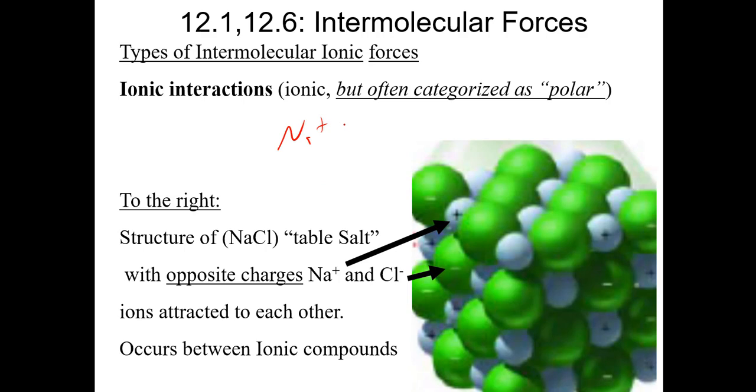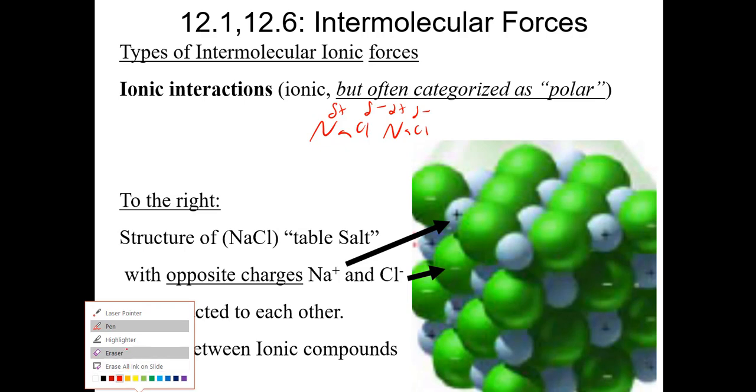So for example, if I have a sodium chloride, before we said that the positive and negative would cancel each other out. Well, I lied. There is a residual partial positive, we use that delta symbol, and partial negative that's left over. So therefore, the attraction between this particle and another particle is due to opposite charge attraction.